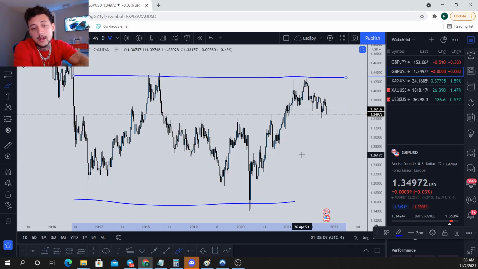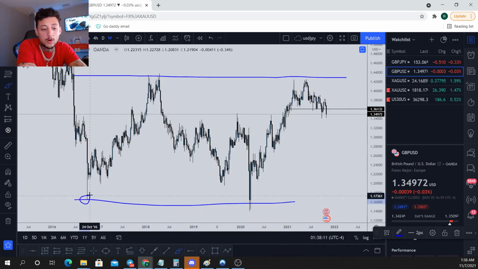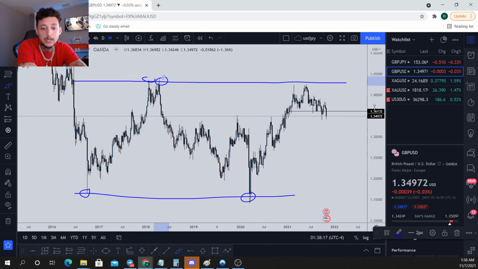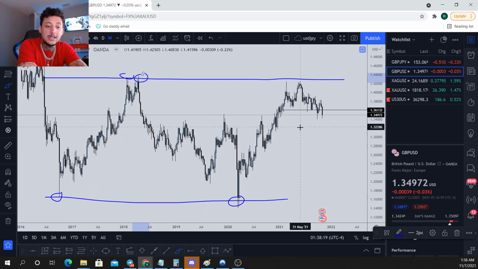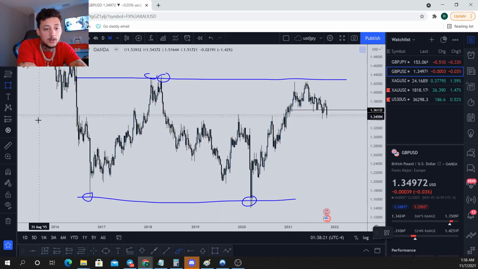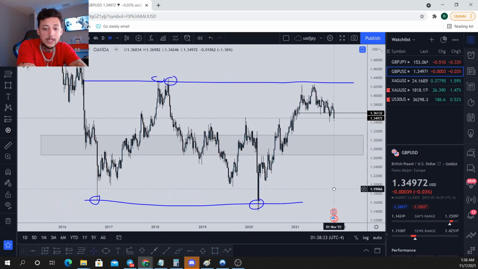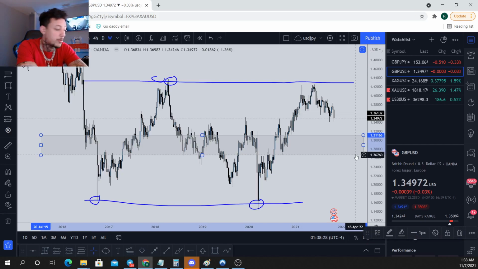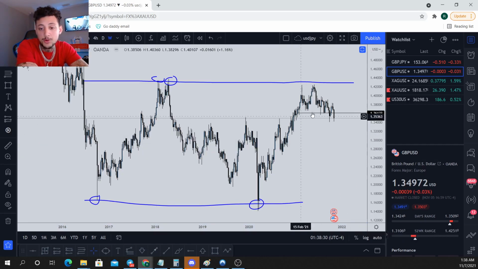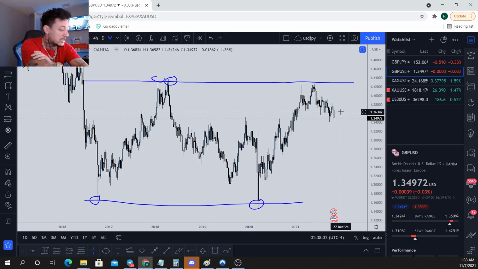So we know that our all-time lows are here, and our all-time highs are here. Now there's going to be trends inside of a trend. Going back to the last session, what does it look like price is doing here? It's moving from the left side of our screen to the right side of our screen, meaning that price is moving sideways. Price is consolidating on this weekly time frame.